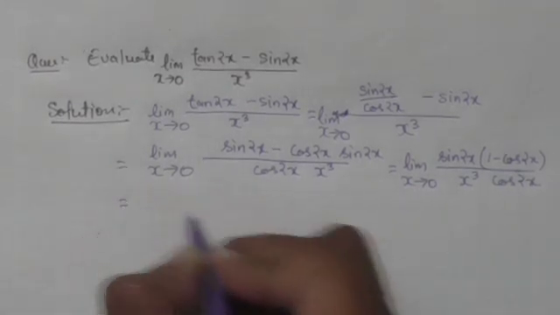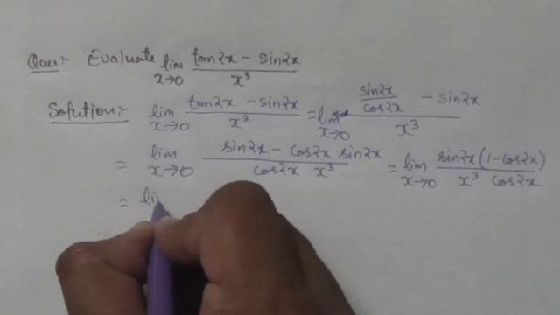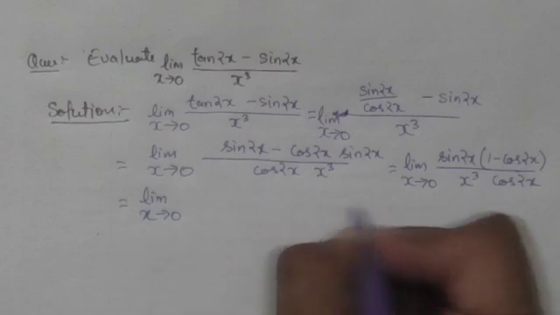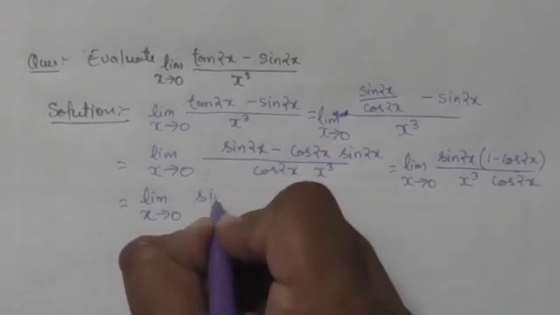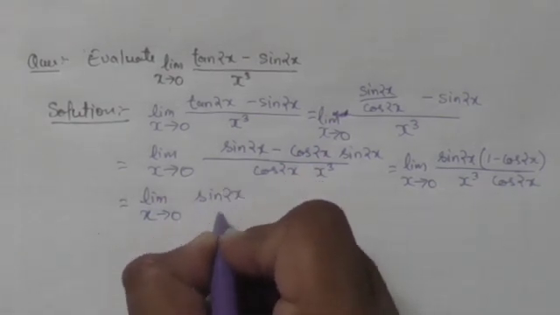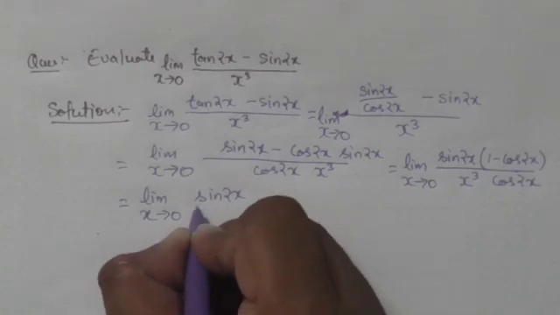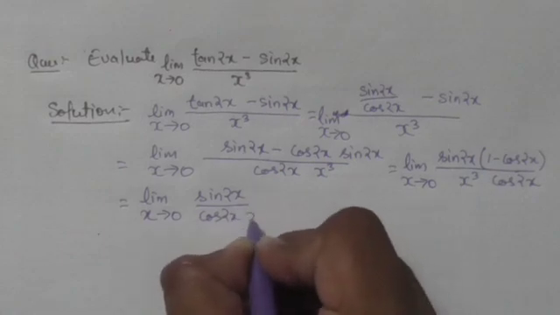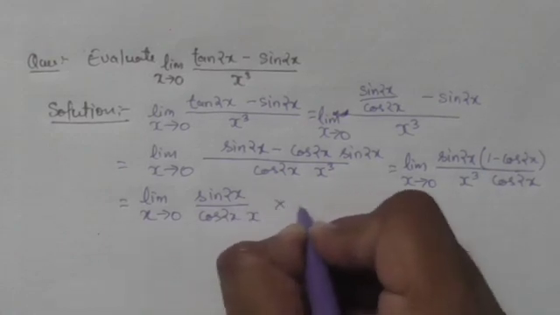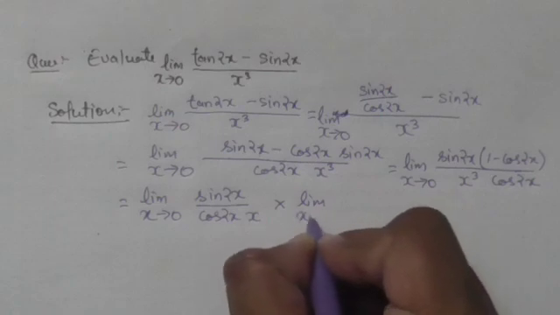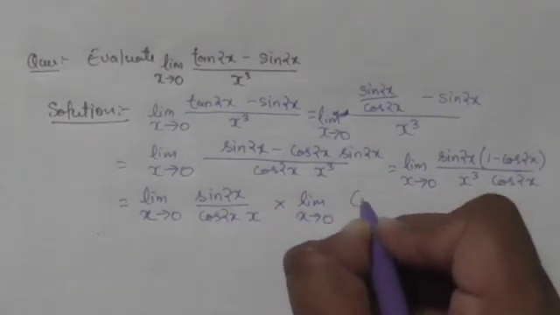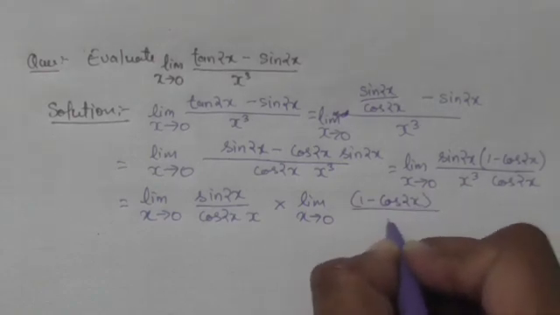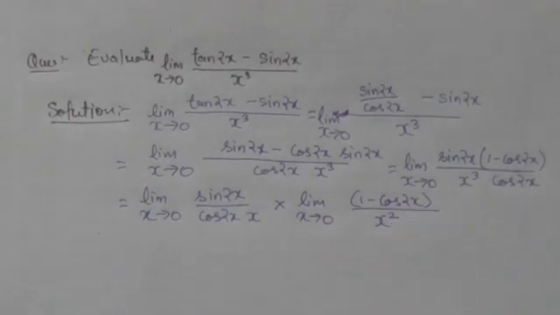It is equal to limit x tends to 0 sine 2x upon cos 2x into x, into limit x tends to 0 (1 minus cos 2x) upon x square.